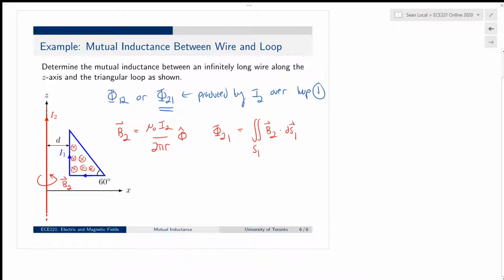And looking at our coordinate system, that is clearly in the minus y direction. We have a right-handed coordinate system here, so the y-axis goes into the page. So our B field is in the minus y direction. So we might as well write that out here, and change that unit vector phi hat to minus y hat.